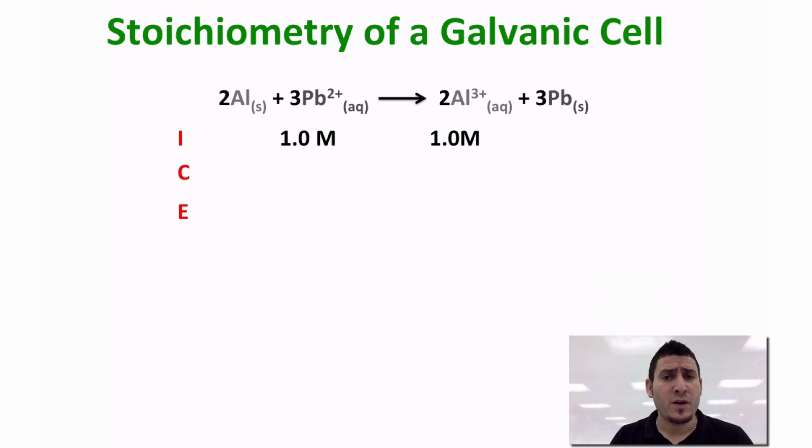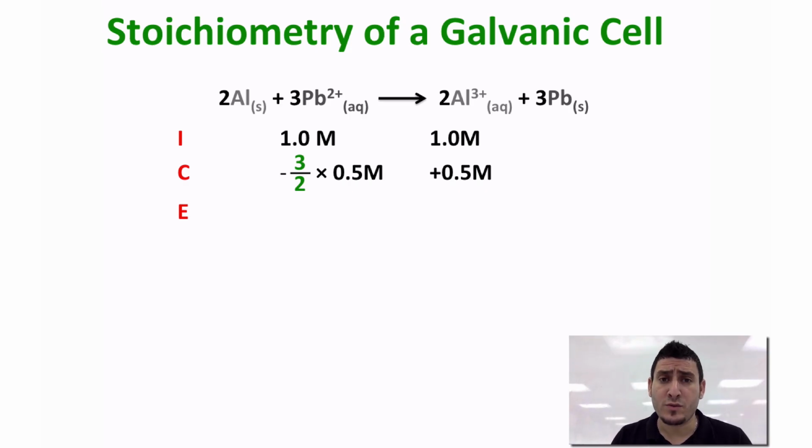To answer this question, we will be using an ICE table. Initially, both concentrations are equal to 1 molar. If the concentration of aluminum 3+ changes by 0.5 molar, this means it will increase by 0.5 molar since aluminum 3+ is a product. Therefore, the concentration of lead 2+ will decrease by 3/2 multiplied by 0.5.